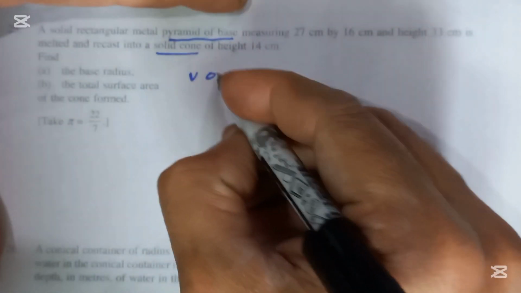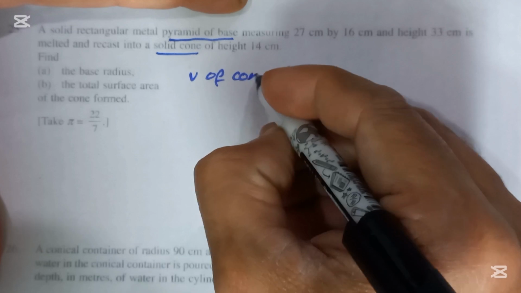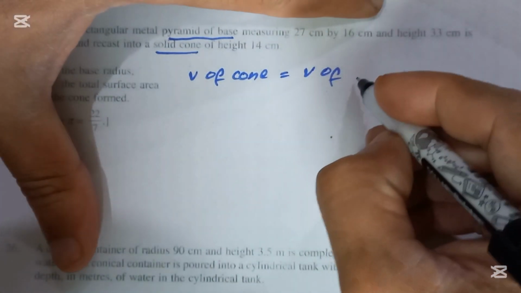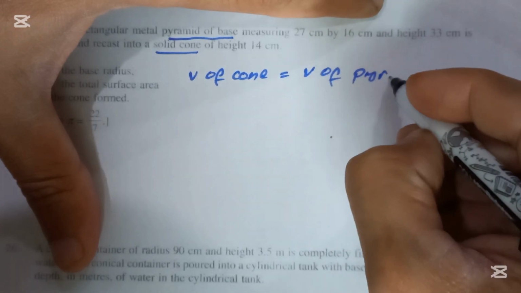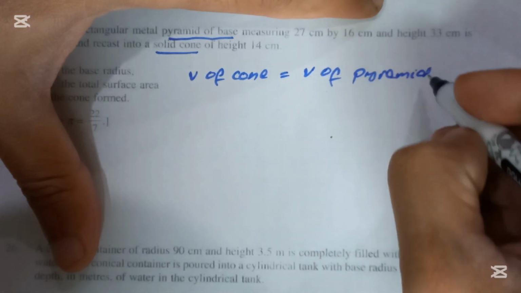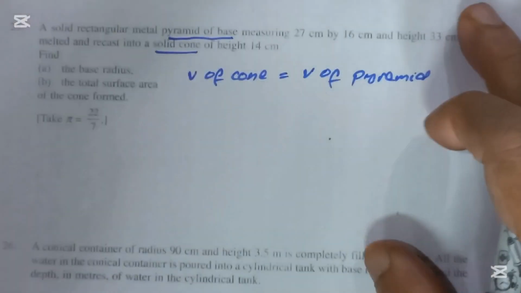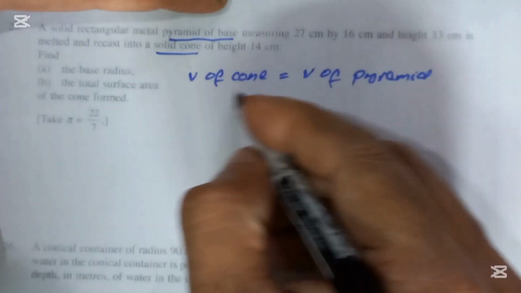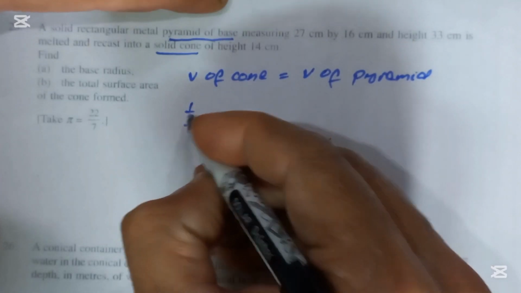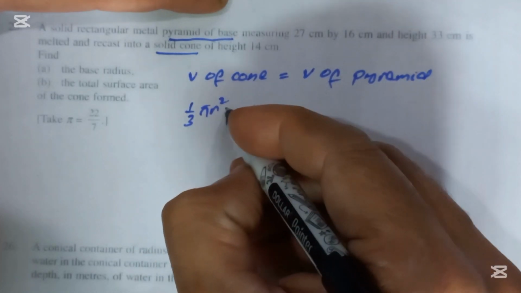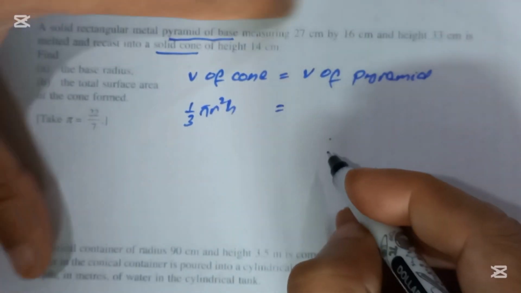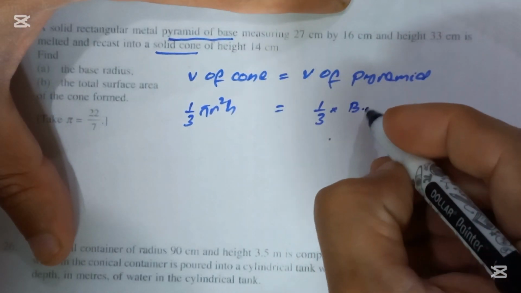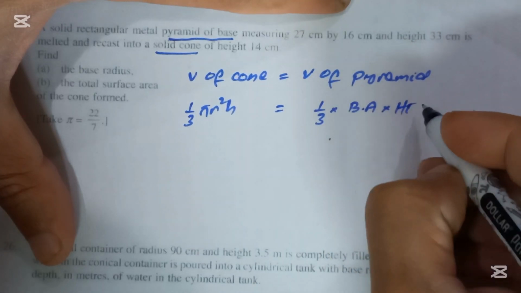So it means volume of cone will be equal to volume of pyramid. Now put the formulas of the shapes. Volume of the cone is 1 by 3 pi r square h, and volume of the pyramid is 1 by 3 into base area into height.